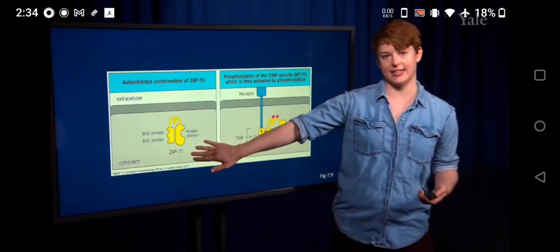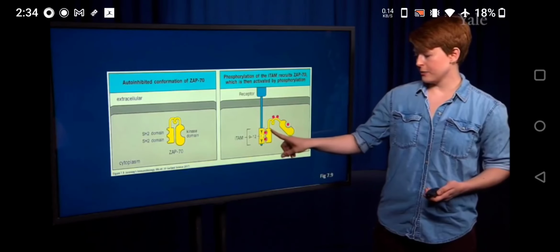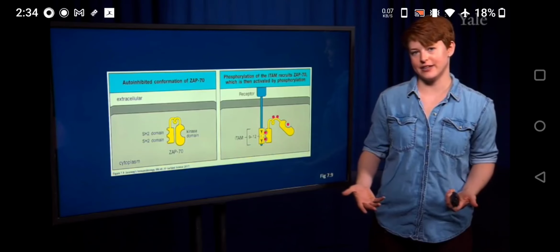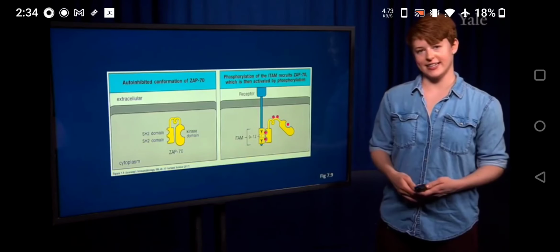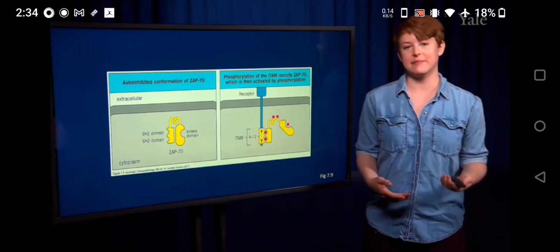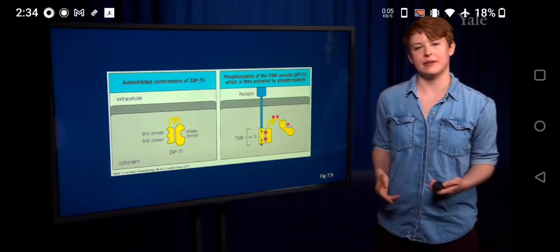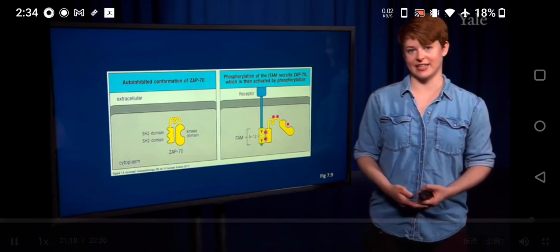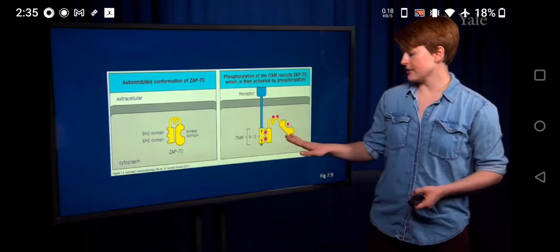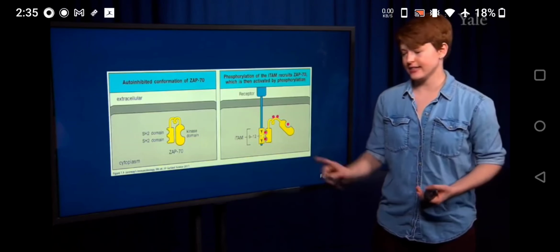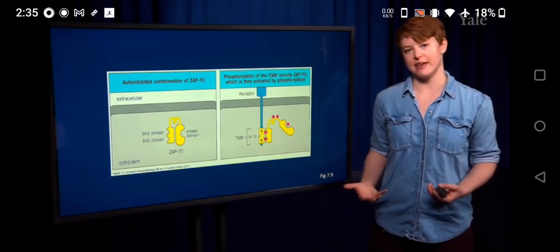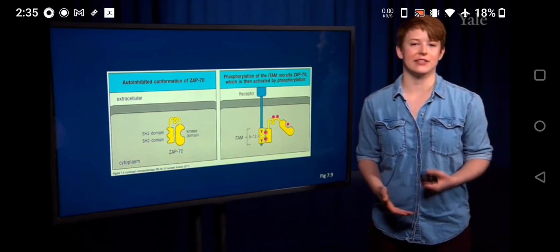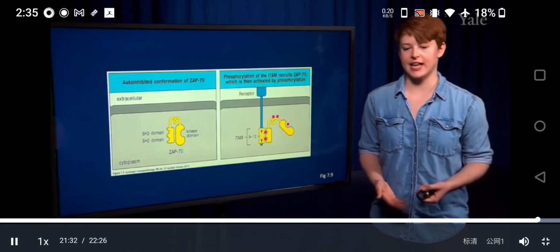However, when ZAP70 interacts with phosphate groups on an ITAM, this allows it to become activated, and Lck can come and phosphorylate this kinase domain, activating ZAP70. So these phosphorylation and binding events lead to a change in the shape of ZAP70, which allows it to have its kinase activity and mediate further downstream signaling.